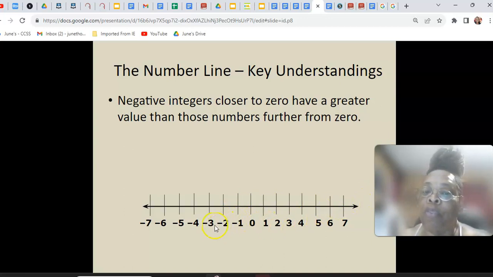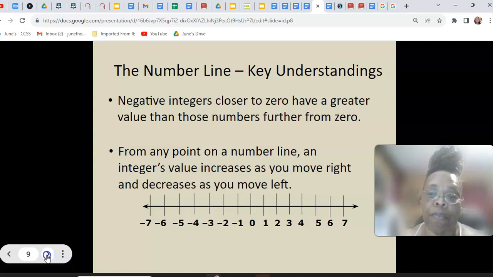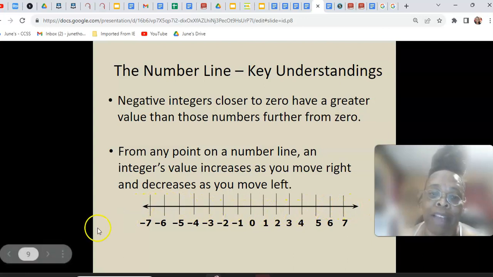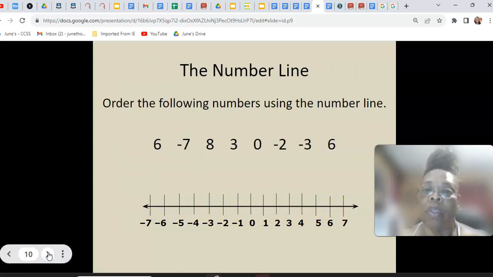So for instance, -2 will be greater than -5 because -2 is approaching 0, closer to 0 than -5. From any point on a number line, an integer value increases as you move right and decreases as you move left.